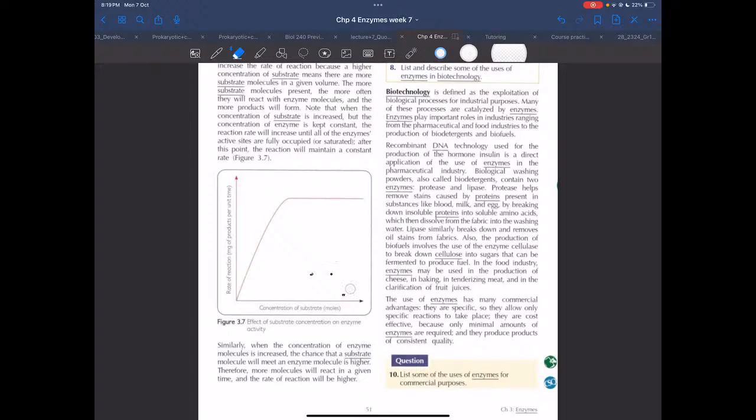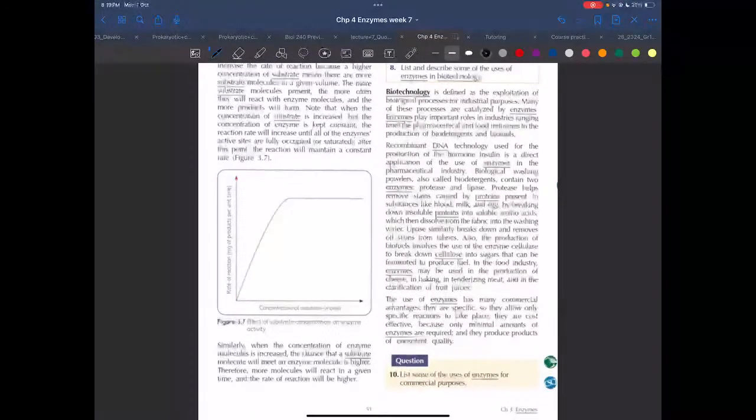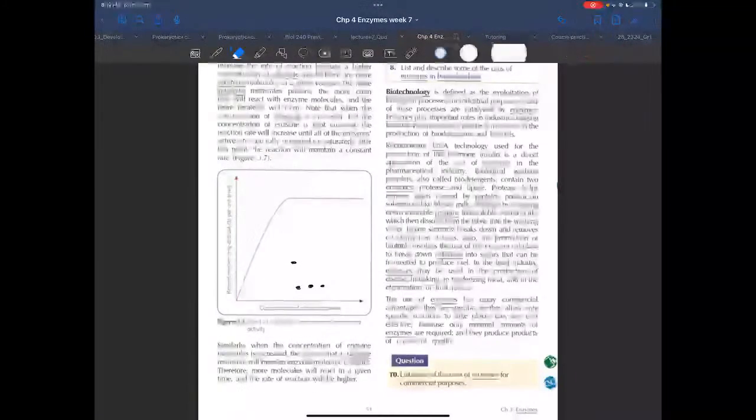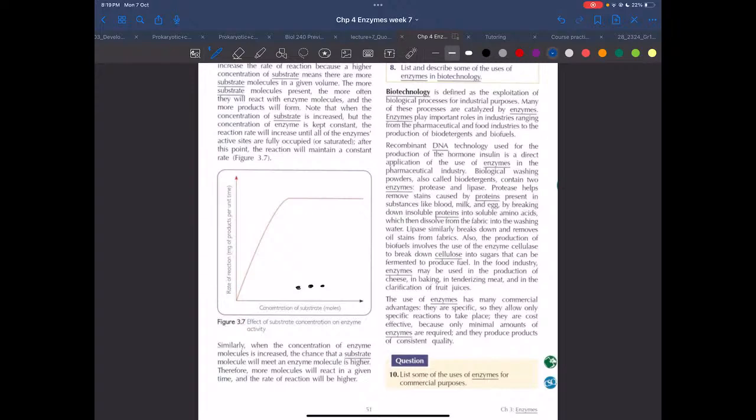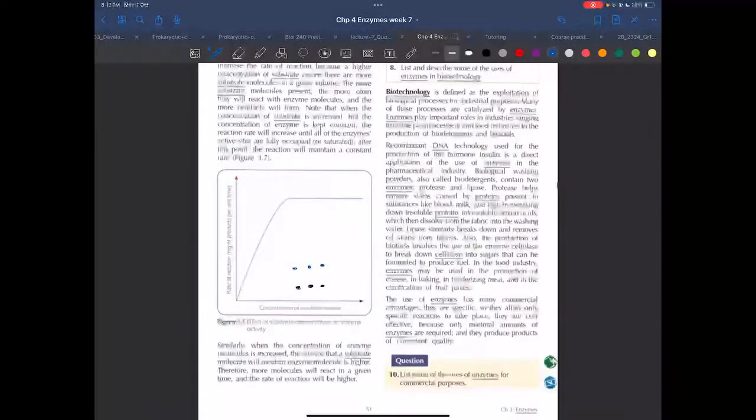Now I'm going to be looking at what happens when I increase the concentration of my substrate. Now pay attention. I have 3 enzymes and I have 3 substrates. Again, the reaction is not going to be super fast, super quick. It's going to be normal, average speed.